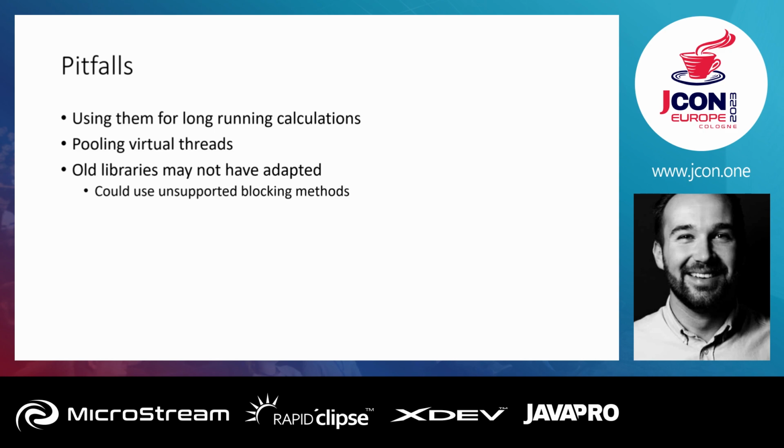That brings us to the pitfalls, because you can't use them in every use case. For example, if you have a long-running calculation on your virtual thread that never gets blocked, then you won't get the benefit of virtual threads, because if it's not blocking, then it will never switch to another one. In those cases, it's better to just use regular platform threads.